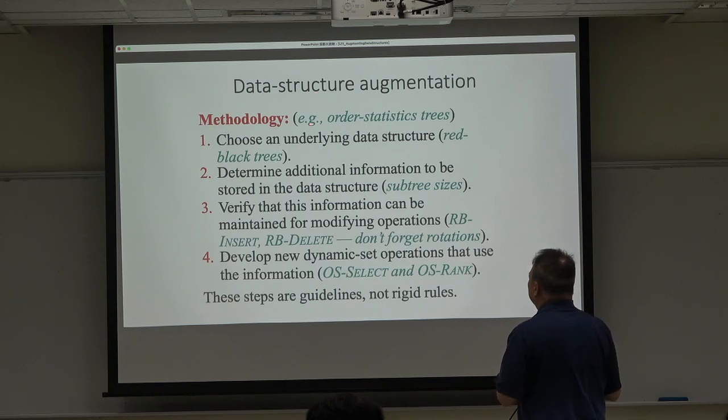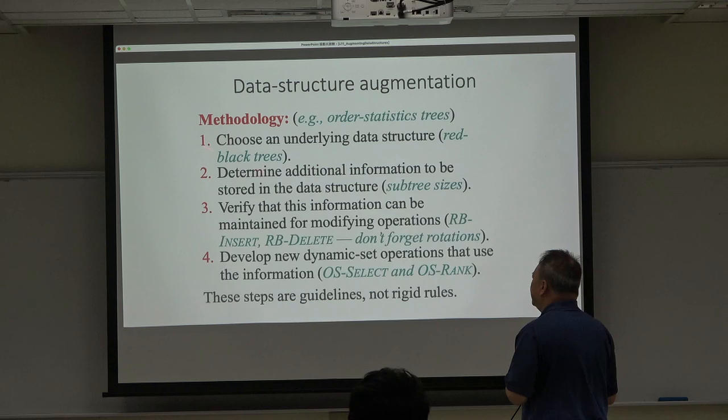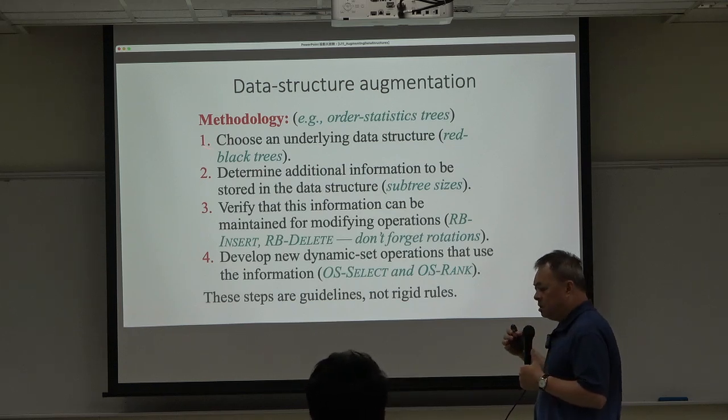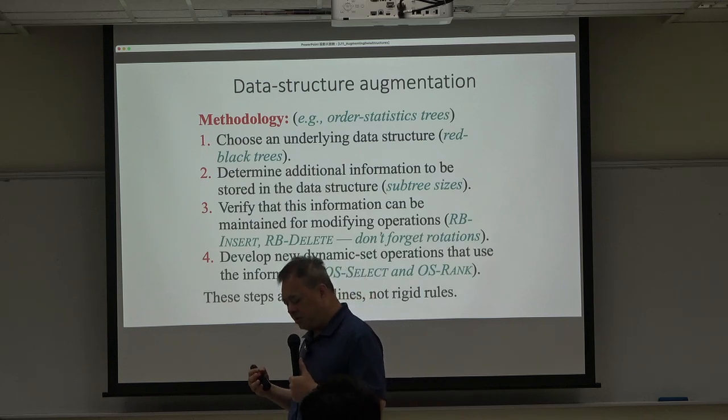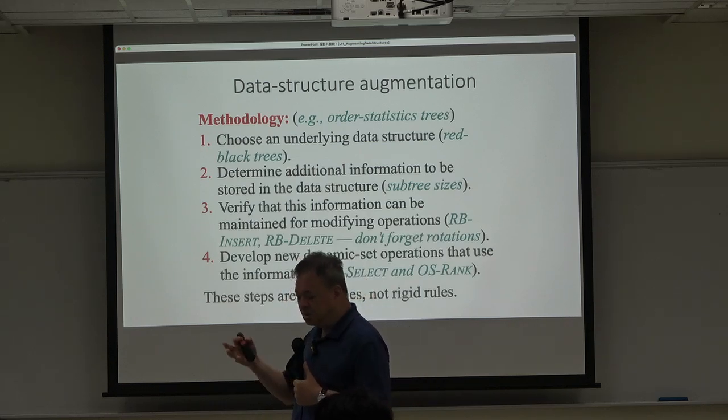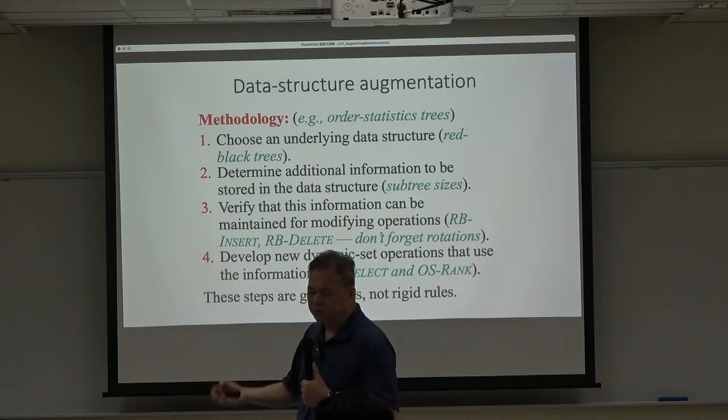For a different application, you choose an underlying data structure that guarantees a certain performance for different operations, such as red-black tree.